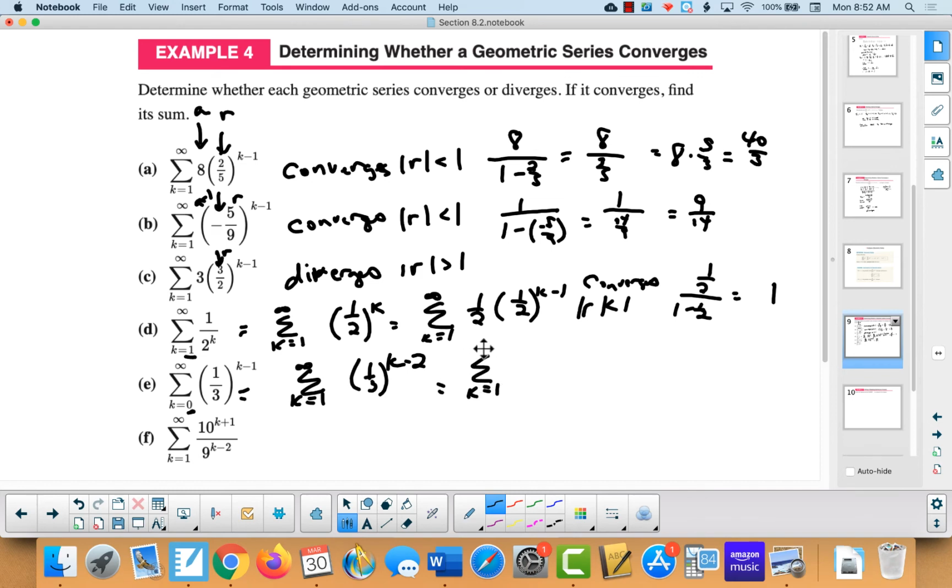So this is the same thing as 1/3 to the negative 1 power times 1/3 to the k minus 1 power. So 3 is our a, and this is our r. So this converges.